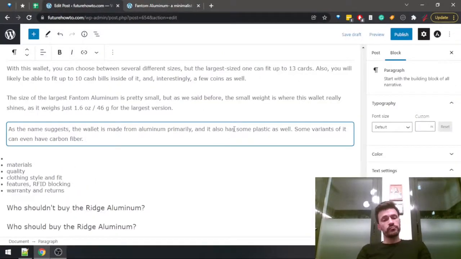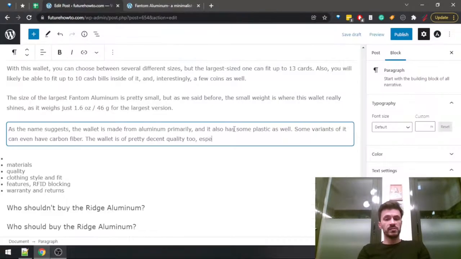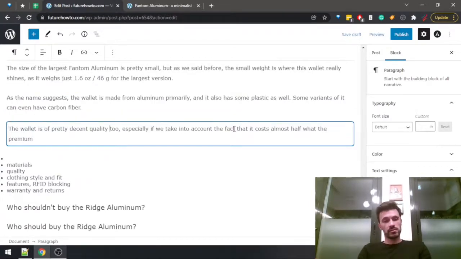Let's say the wallet is of a pretty decent quality too.